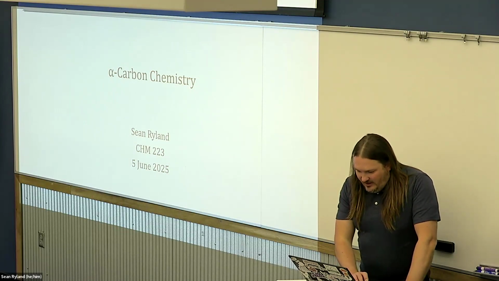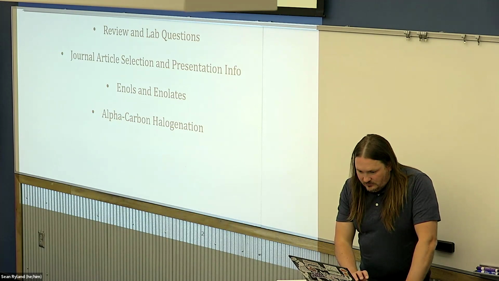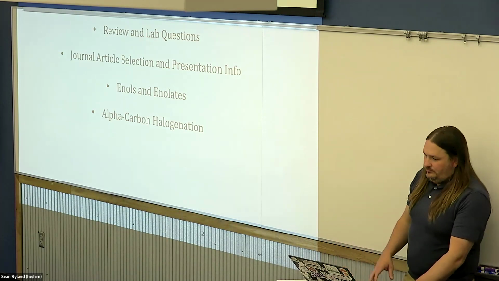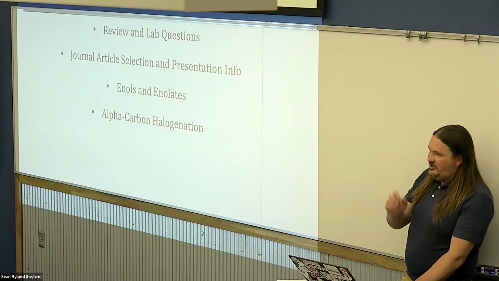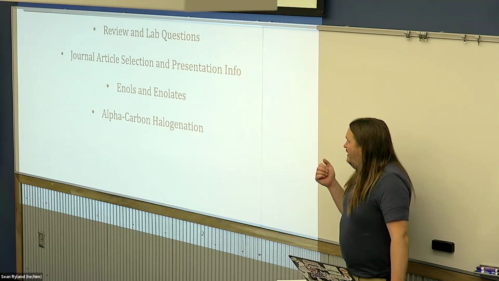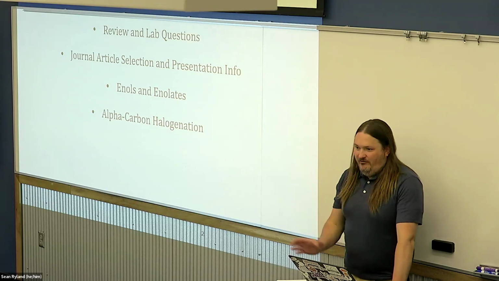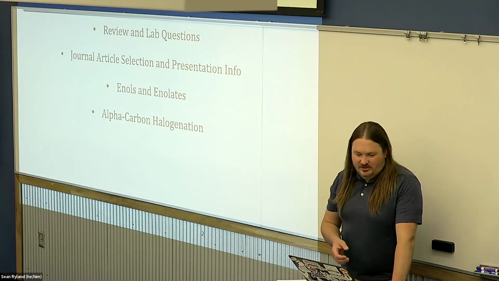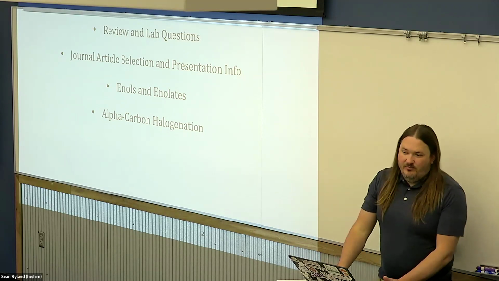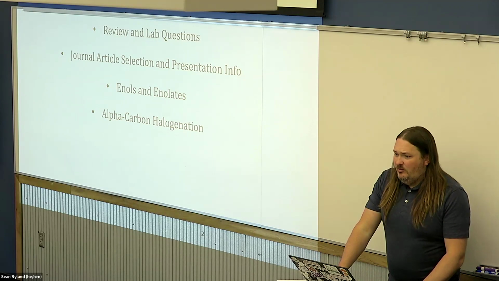All right, well, we'll go ahead and get started then. And just for clarification, your first assignment for the journal article presentation is pick 4 possibilities like we talked about on Tuesday. Then next week, just meet with me one-on-one, and we'll narrow it down to 1.